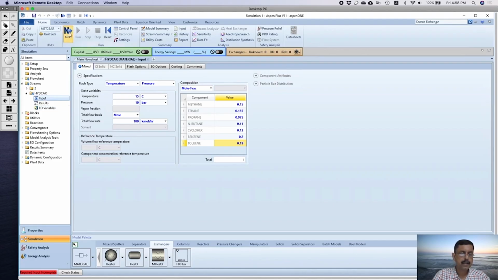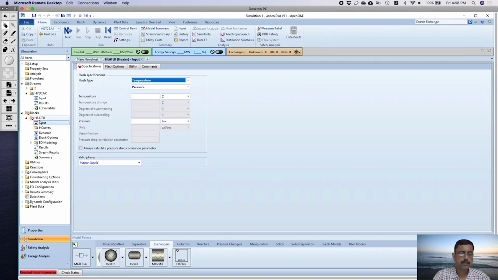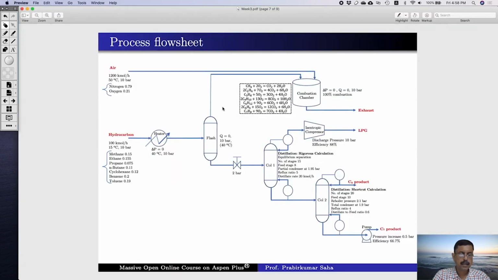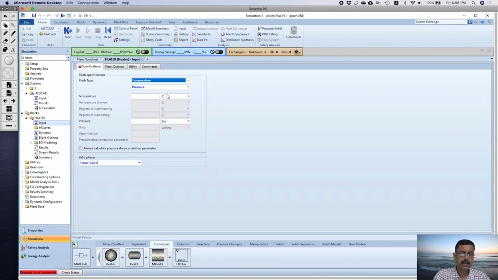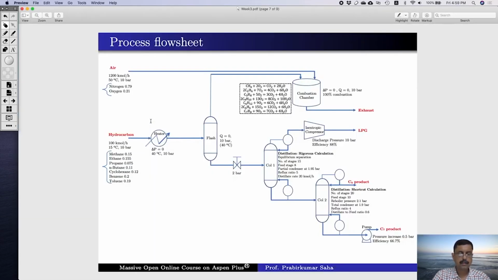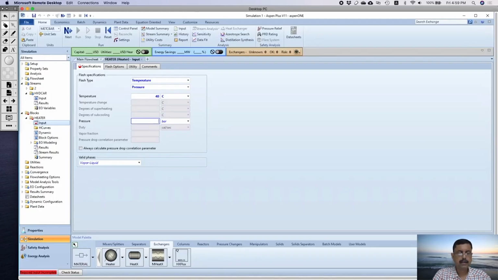It opens the heater input block. So here again, heater, there are 3 information available. That is 40 degrees centigrade, 10 bar pressure, or pressure drop to be 0. Now here temperature we give 40, but pressure, if you give 10 bar, then the pressure will be taken.